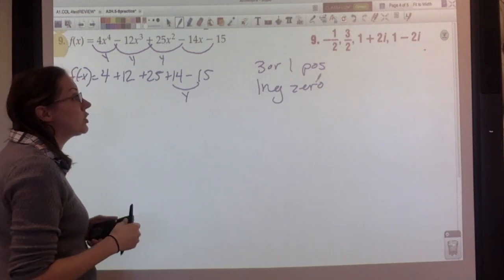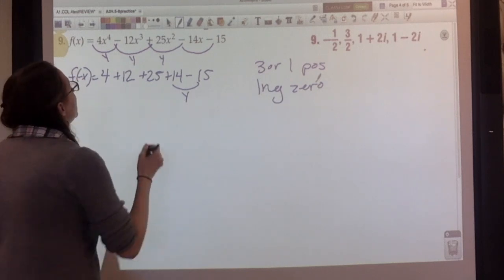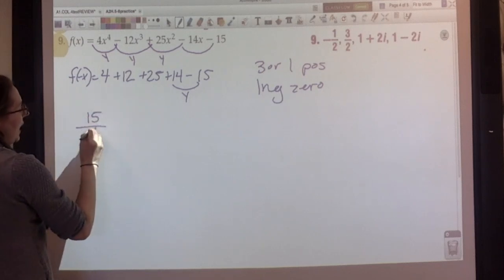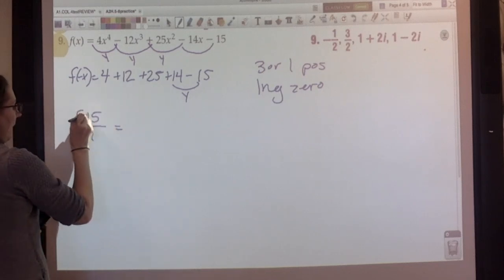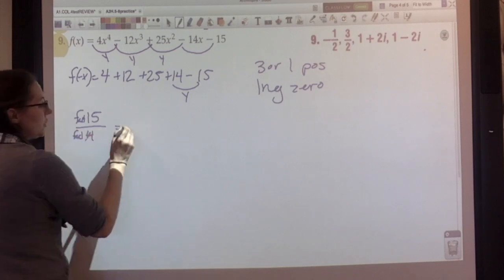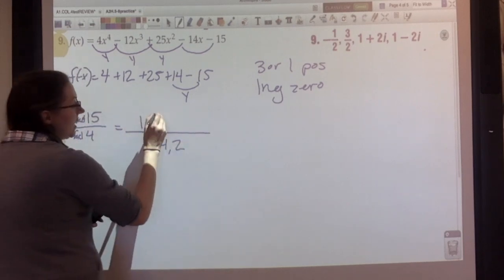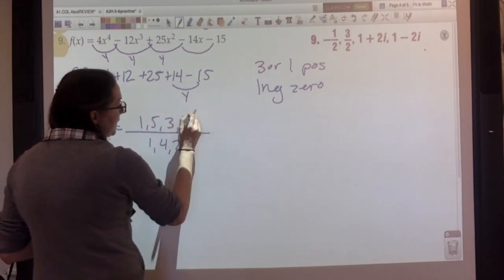I'm going to use the rational zero theorem to figure out all of my possibilities. So I'm going to look at the factors of 15 over the factors of 4. So my denominator is going to be 1, 4, and 2. My numerator is 1, 5, 3, 15.